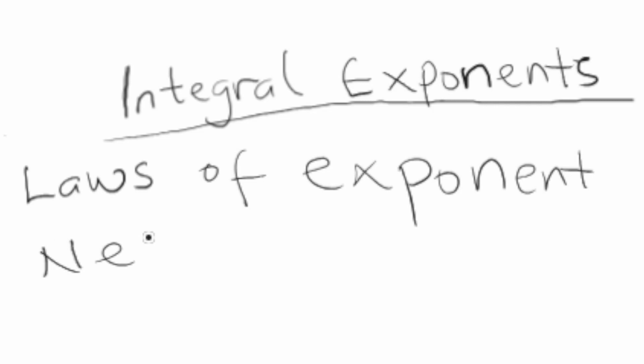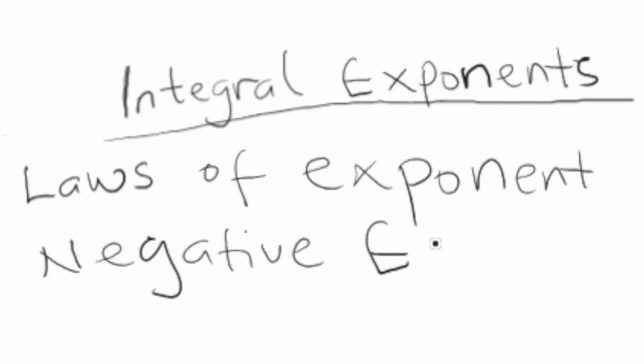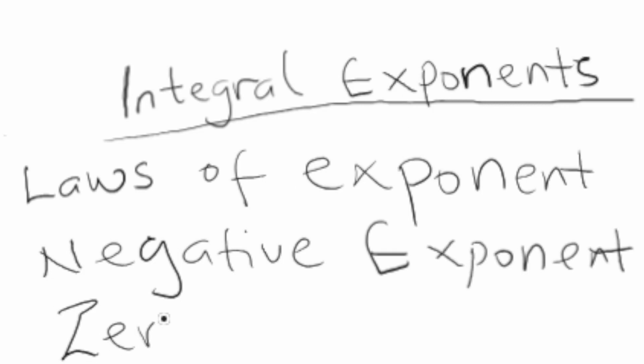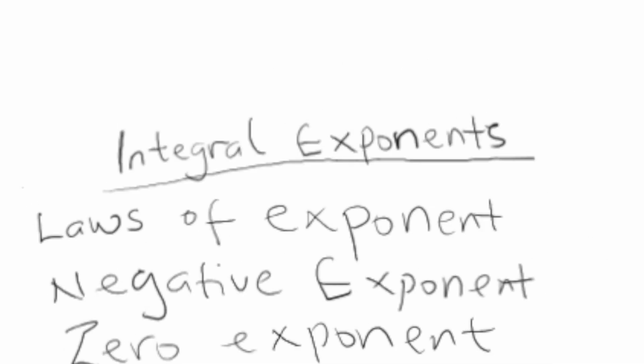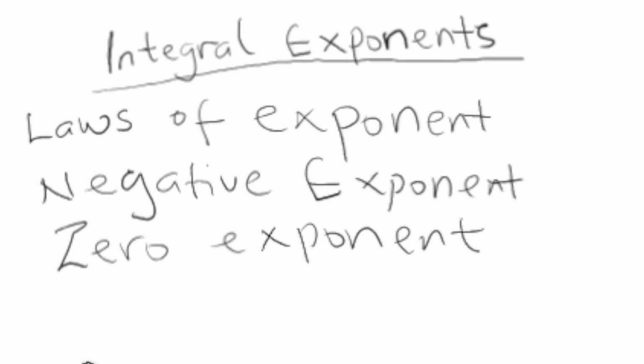So these are the two things that we'll look at: negative exponents, and then the zero exponent. So we look at these three, and you apply them when we get to all the laws or when working any exponent.